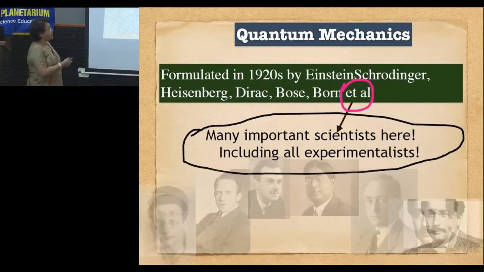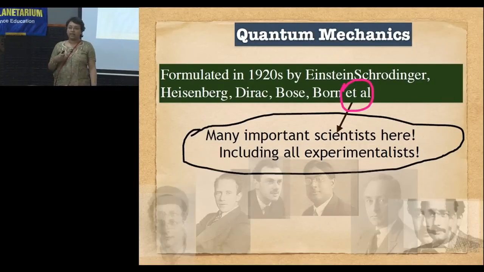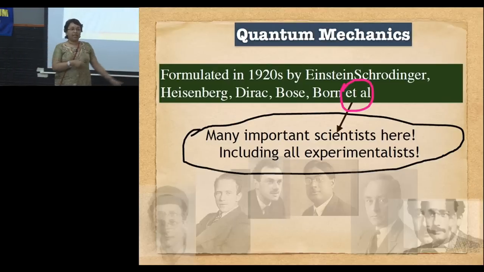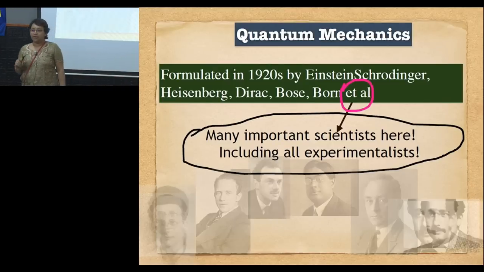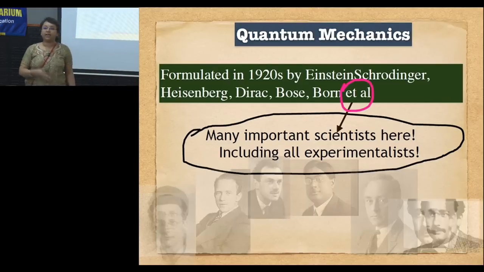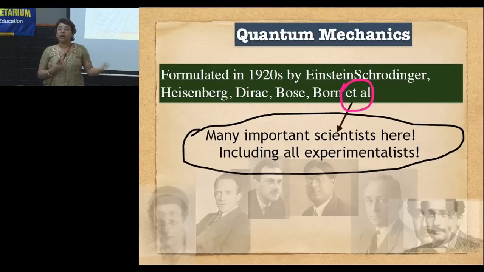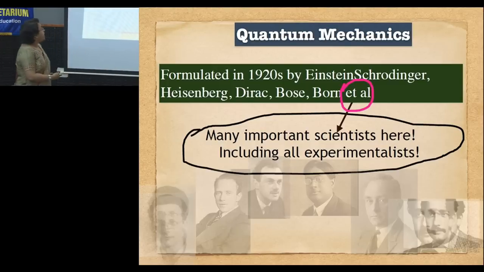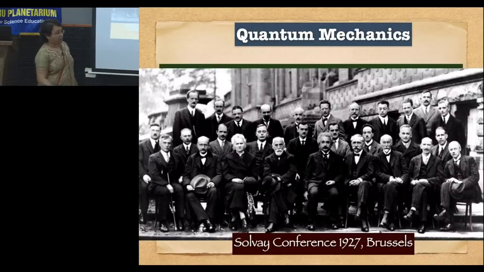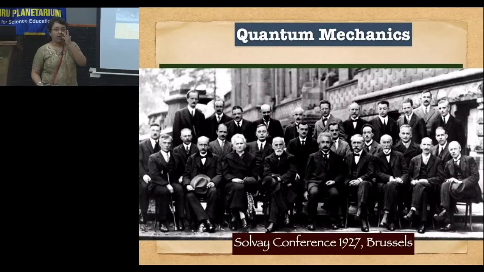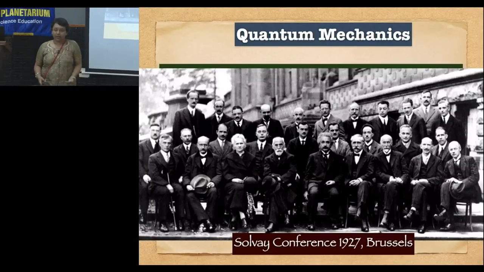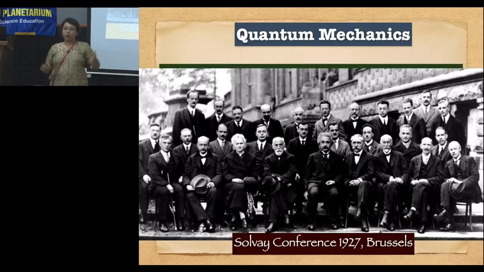And this et al. is important because I missed many important scientists, including all the experimentalists. So they contributed and formulated the quantum physics that we learn now in textbooks. And probably this is the famous picture that you have seen. This is the conference where most of the quantum physicists who built quantum mechanics were present.